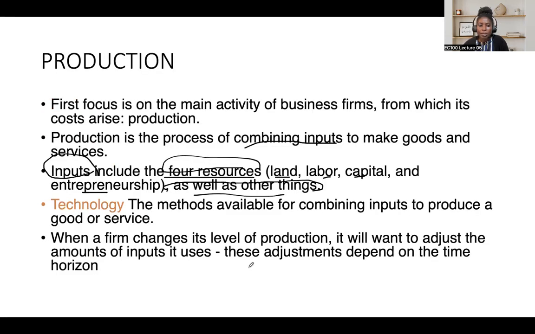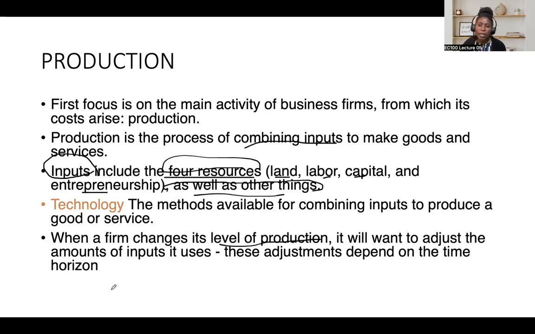Another thing that is also important: there are different levels of production. By levels of production, basically, we mean the level of output.